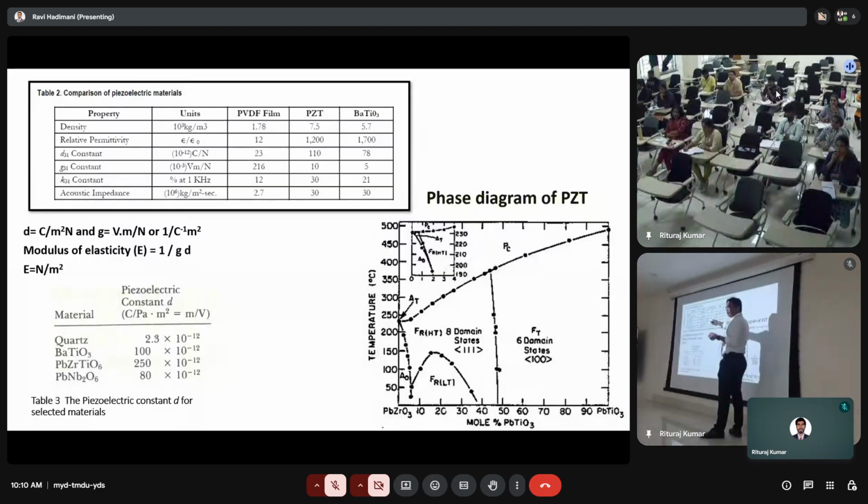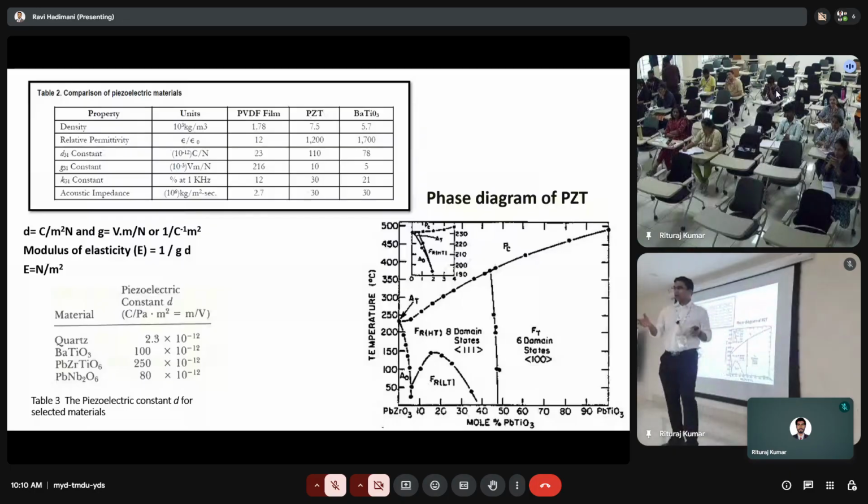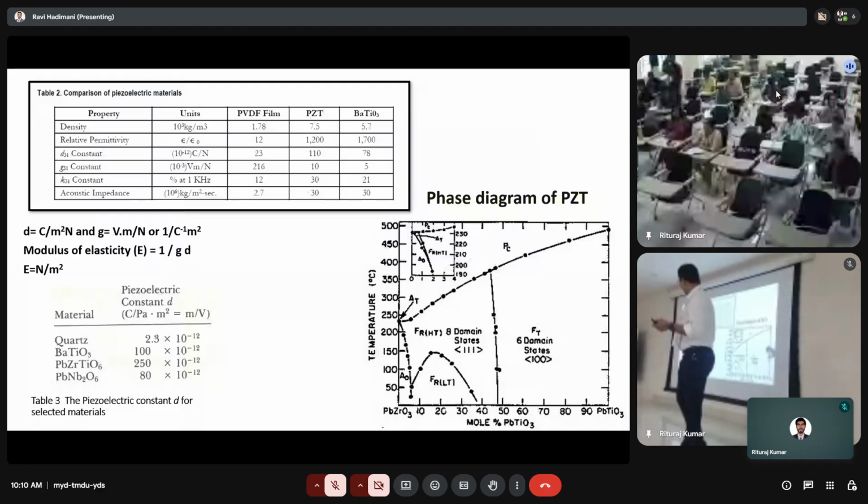So it's a pico coulomb per Newton. What is 1 Newton? Suppose you drop a 1 kg ball, you get 10 newtons, right? If you drop a 100 gram ball, you get 1 Newton.